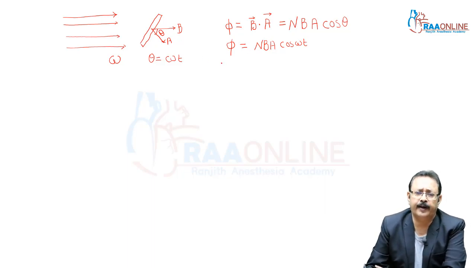So according to Faraday, rate of change of magnetic flux, d phi by dt, we differentiate both sides with respect to t, and B and A are constants. So write as it is. But differentiation of cos omega t is minus omega sin omega t.